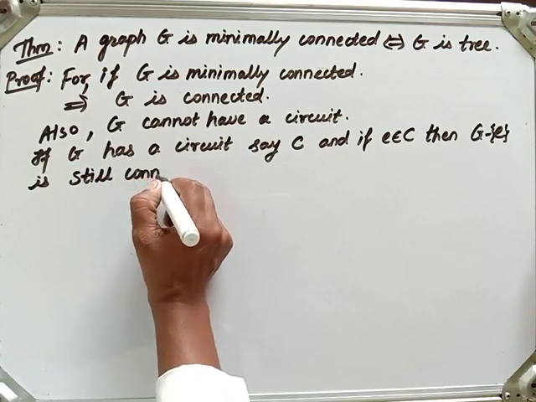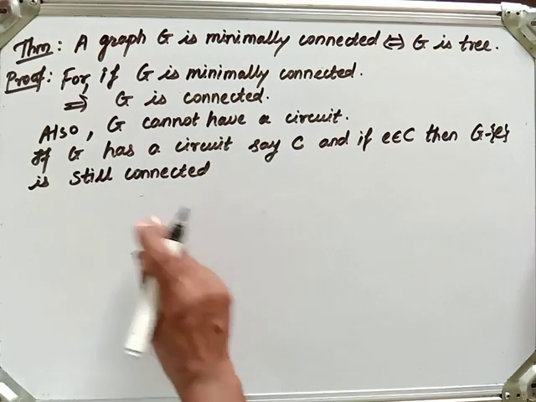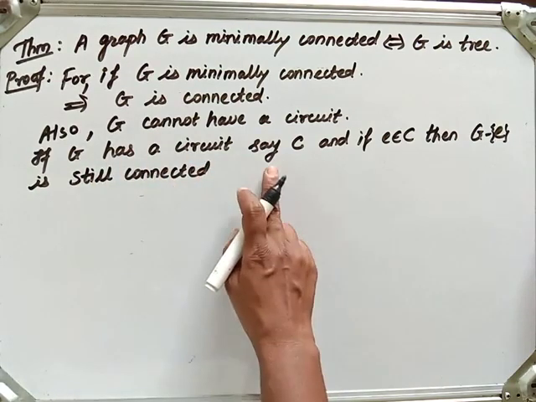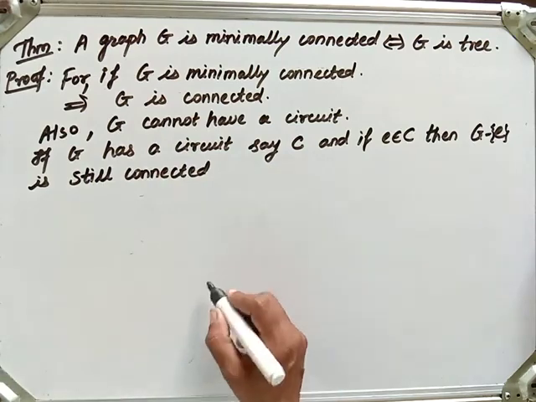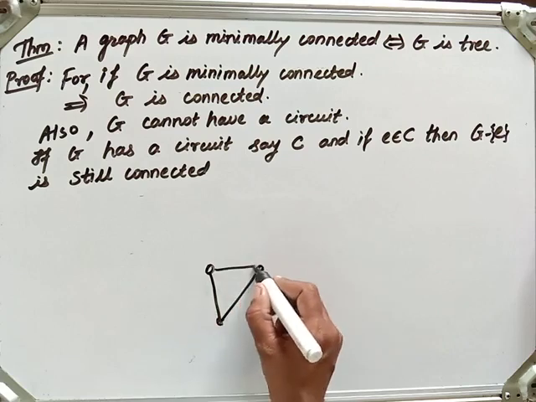This will happen, it will still be connected, right? For example, suppose G has a circuit like this one.